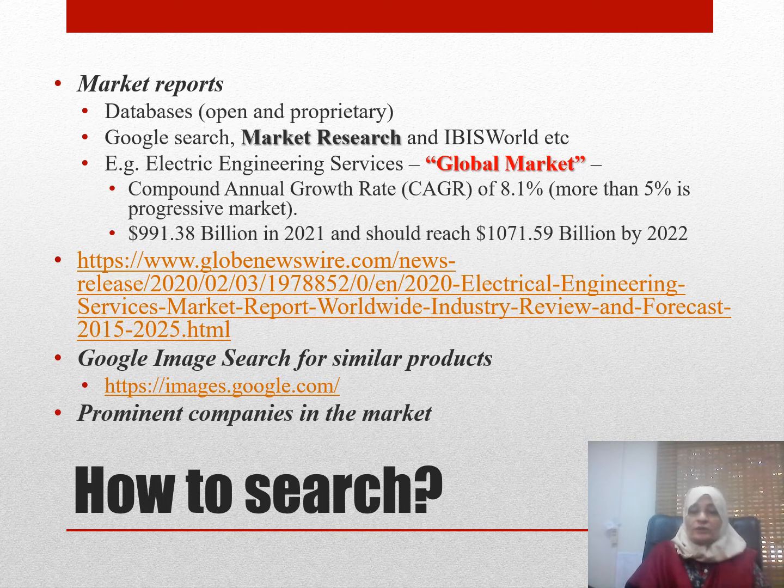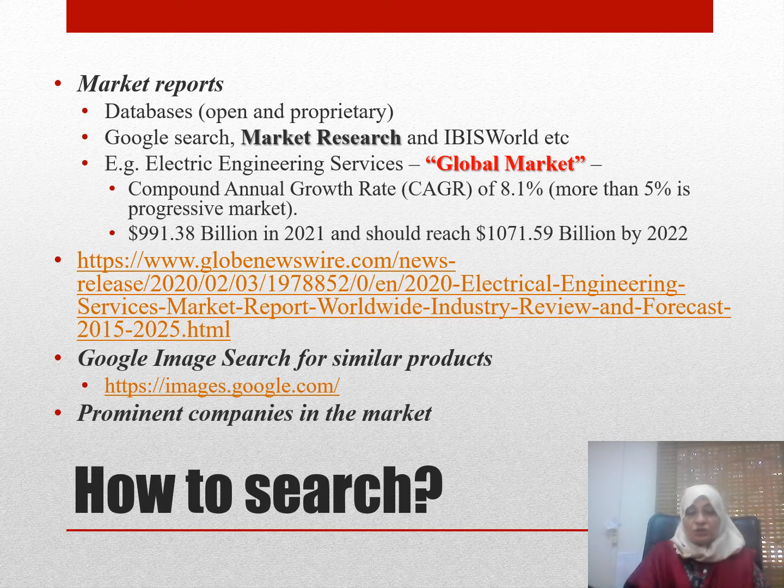The value I got was the worth of that industry. The worth of that industry in 2021 was $991.38 billion, but it was predicted that in 2022 the value would be $1071.59 billion. So it's quite a progressive industry, you can see. It's going up from 991 to 1071.